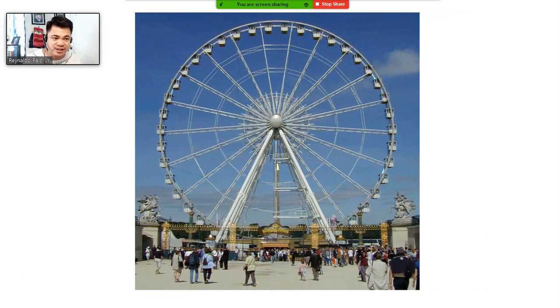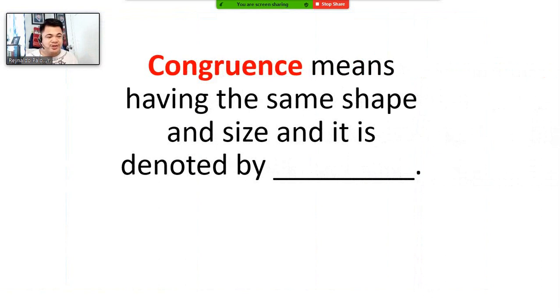Congruence means having the same shape and size, and of course the same measurements. When two geometric figures have the same measurements and the same size, we call them congruent. Congruent is a term that we use to denote that two geometric figures are of the same size, shape, and measurements.